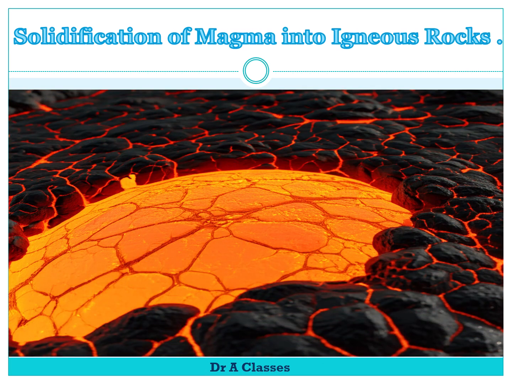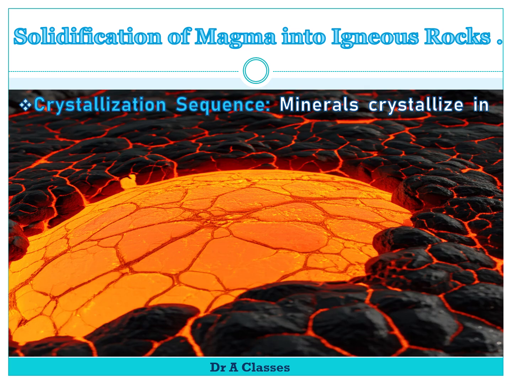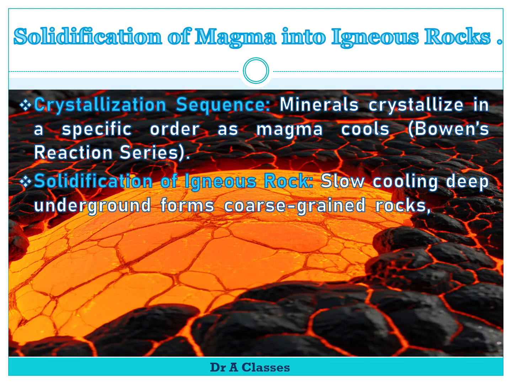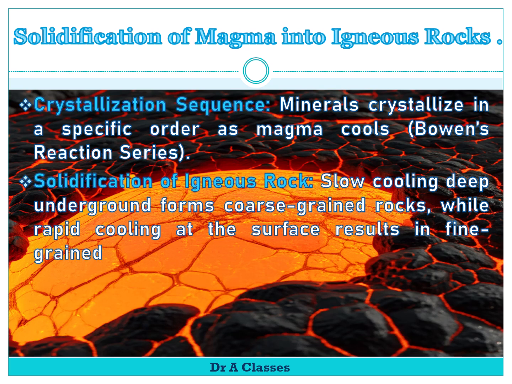Solidification of magma into igneous rock. As magma cools, it undergoes crystallization, where minerals form in a specific order dictated by Bowen's reaction series. This sequence explains why certain minerals appear together in igneous rocks. The rate of cooling has a major influence on the texture of the resulting rock. Intrusive rocks form underground and cool slowly, allowing large crystals to grow, producing coarse-grained rock like granite.